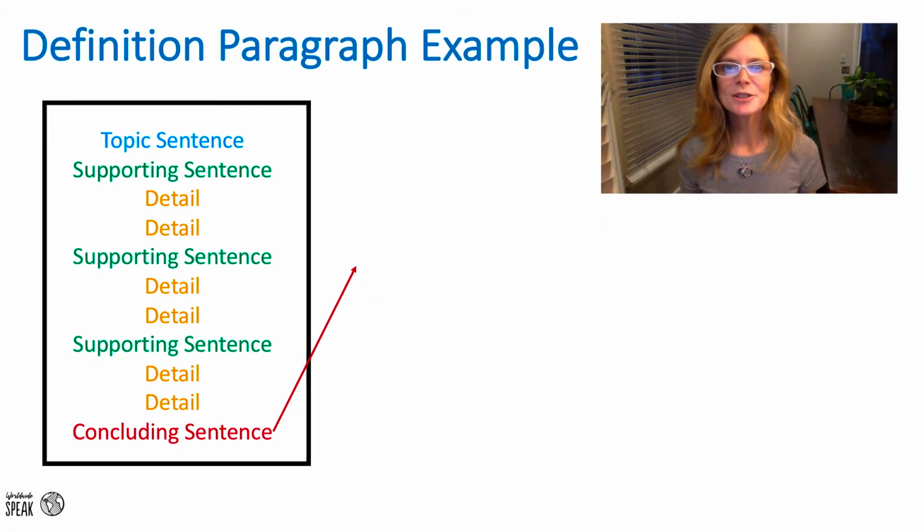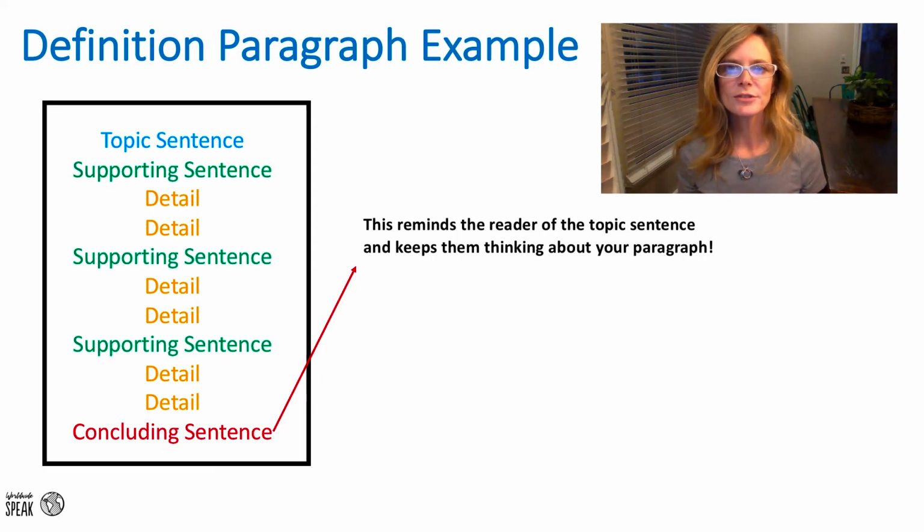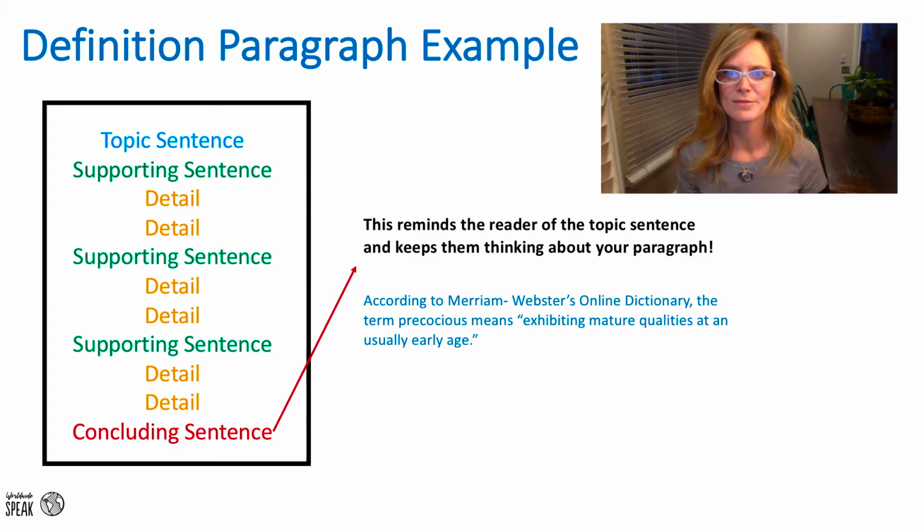Okay, and lastly, we have the concluding sentence. Well, this just reminds the reader of the topic sentence and then keeps them thinking about your paragraph. So let's say our topic sentence had been a definition from a dictionary, and it was, according to Merriam-Webster's online dictionary, the term precocious means exhibiting mature qualities at an unusually early age, right?